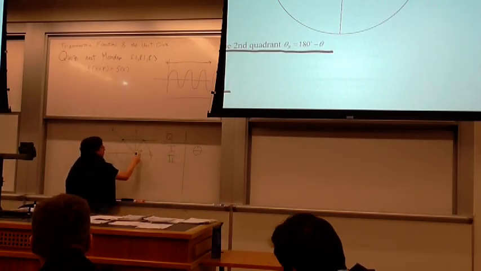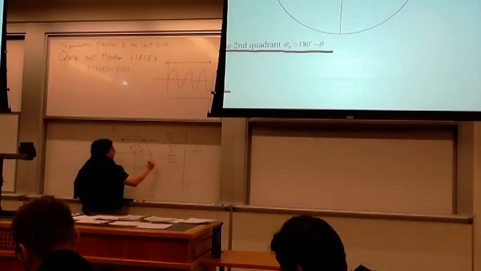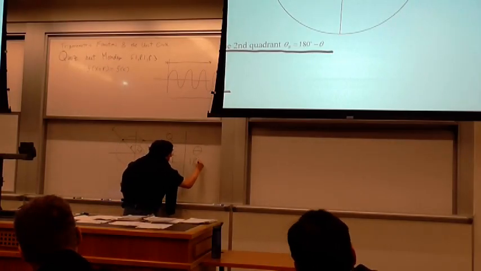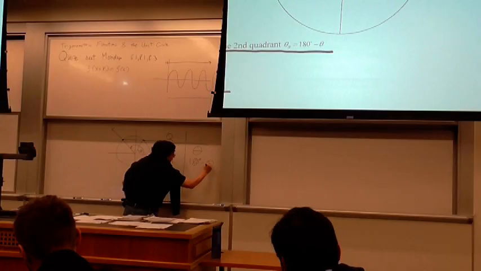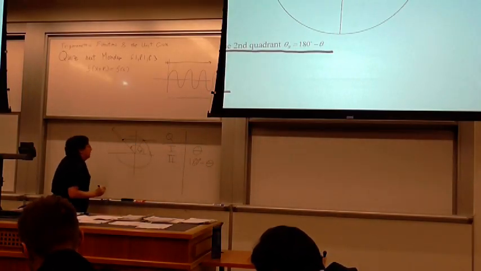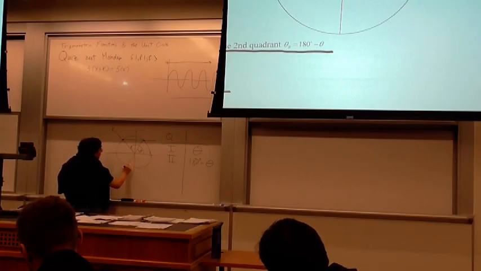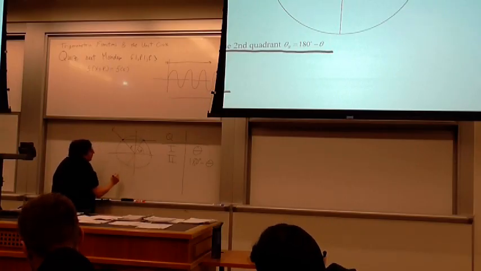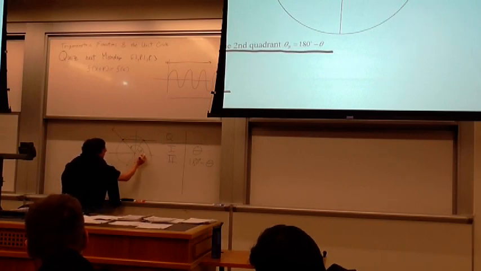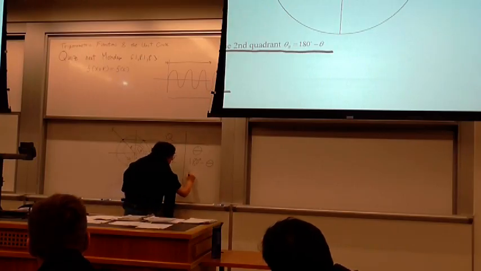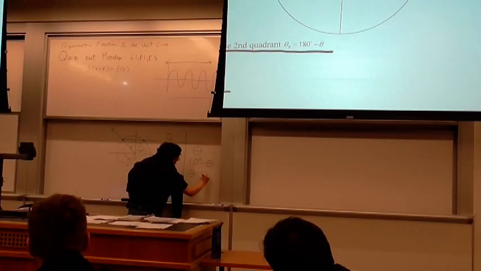In the second quadrant, this is the angle, this is 180 degrees minus theta. In the third quadrant, over here, it's now theta minus 180 degrees.